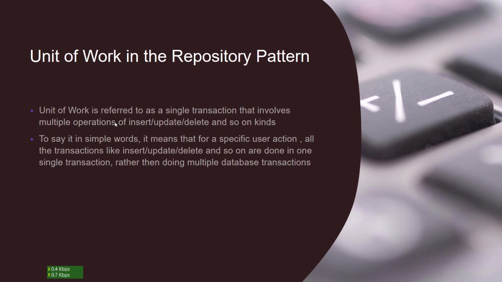Instead of sending three separate calls, we can have one unit of work, or one request to the database, and once that request succeeds, we get our final result that the transaction has been completed. Otherwise, all those operations are reverted back instead of doing it manually.